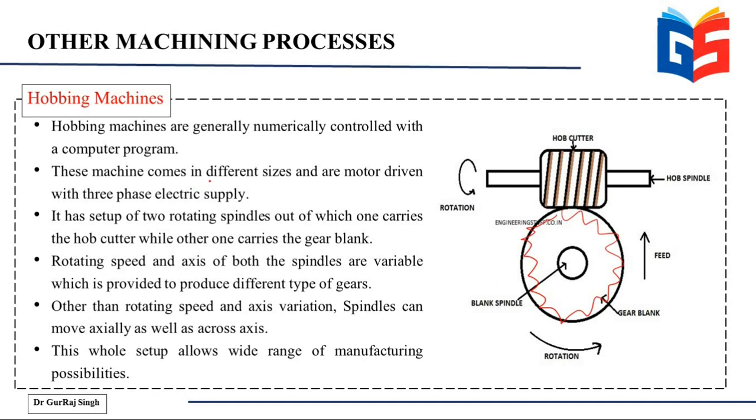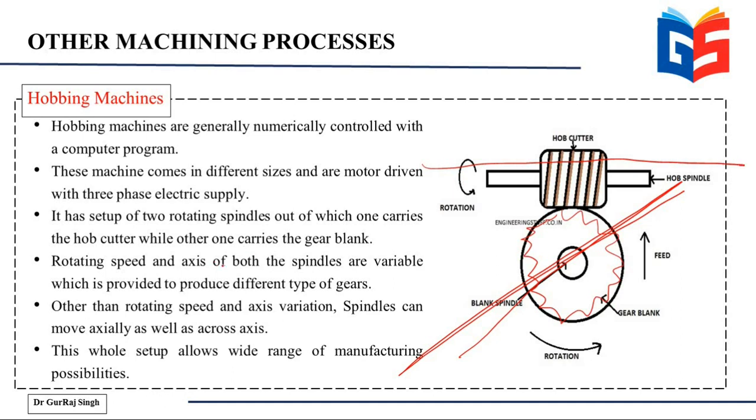These machines come in different sizes and are motor driven, and they have a setup of two rotating spindles, one of which carries the hob while the other carries the gear blank. So there are two rotating parts on the hobbing machine. One rotates the workpiece in one axis, while the other rotates the cutter in the other axis.